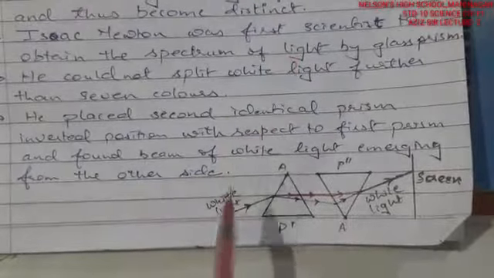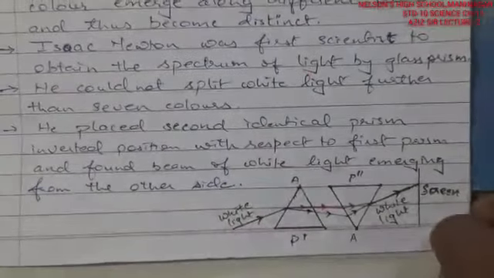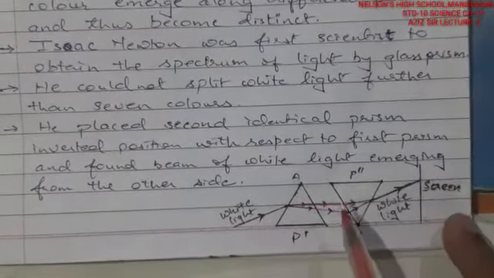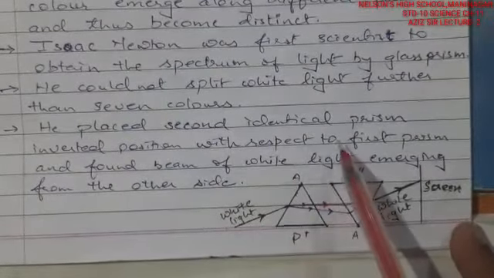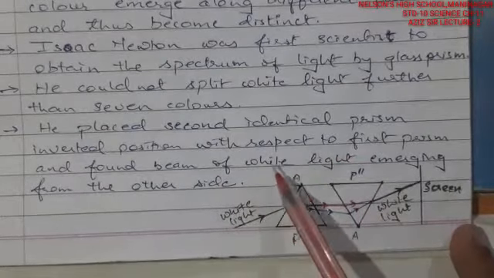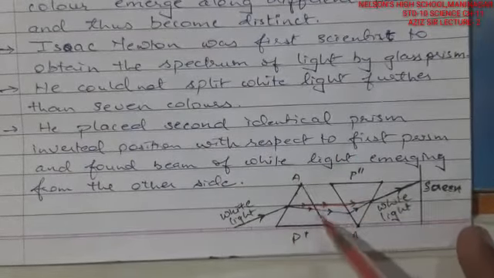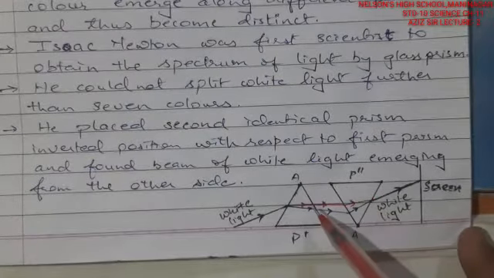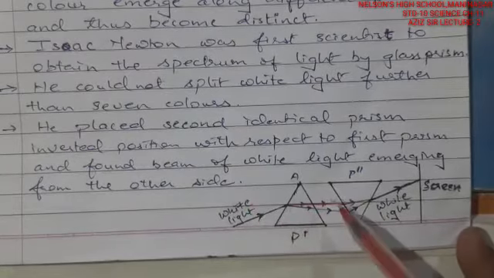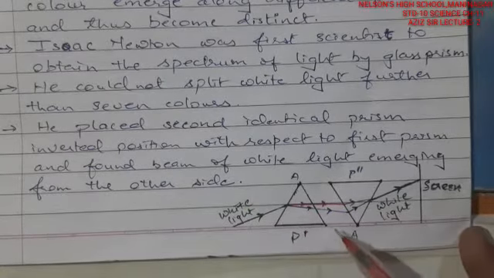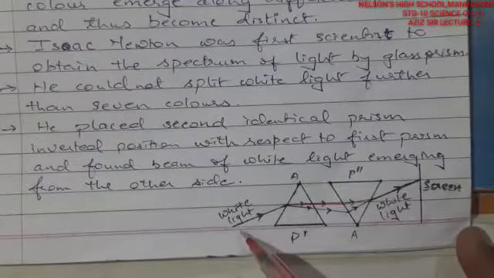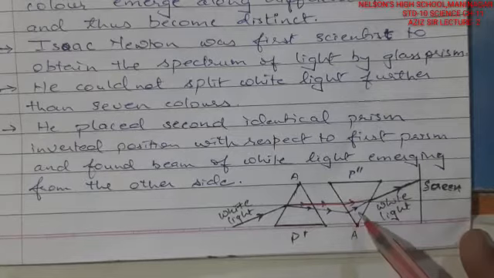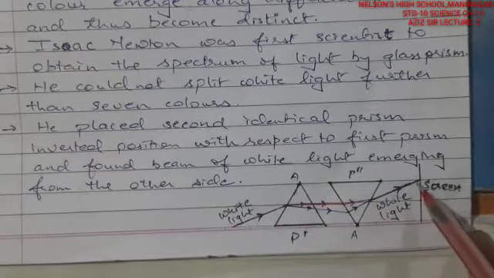He placed a second identical prism in an inverted position with respect to the first prism, as you are able to see in the figure I have drawn here. He kept the second identical prism exactly near the first prism, and found that the beam of light emerging from it is white light. The white light enters and gets dispersed, but the second prism deviates it back again, and white light comes out.